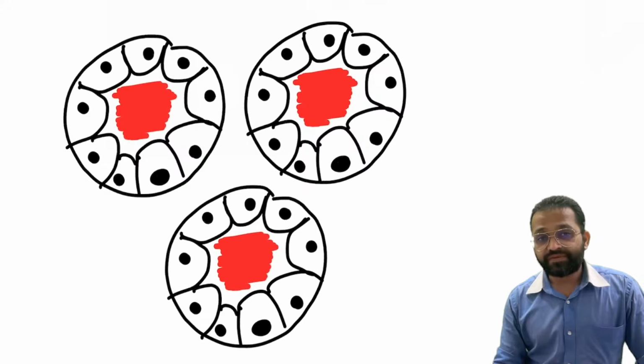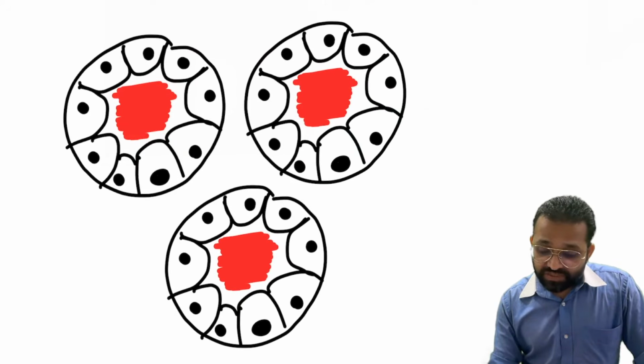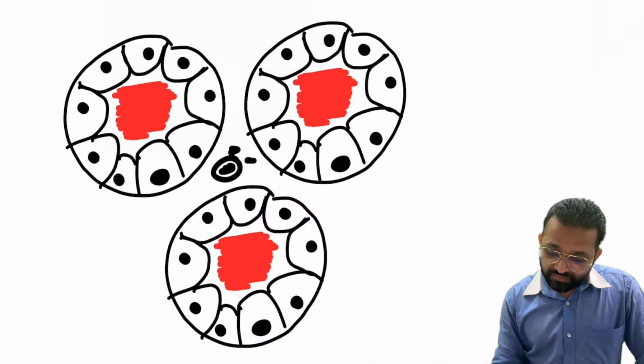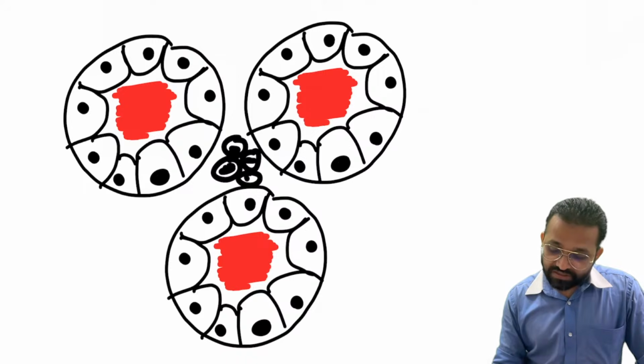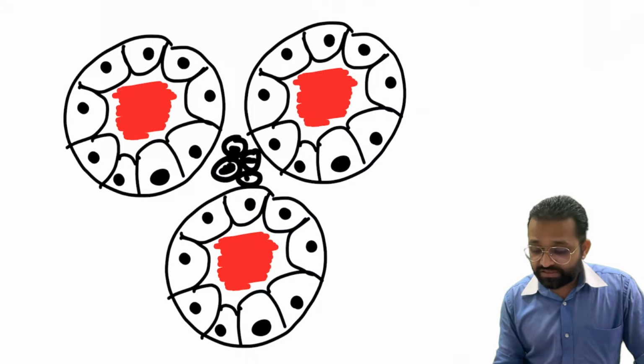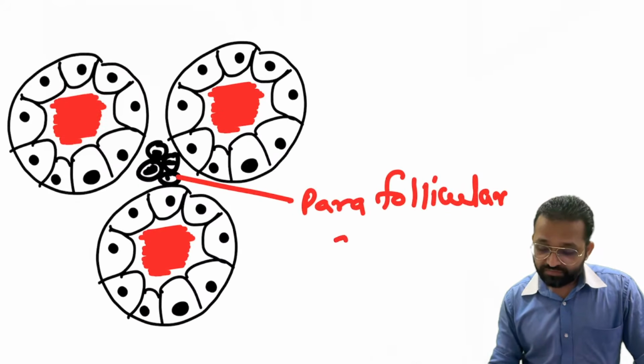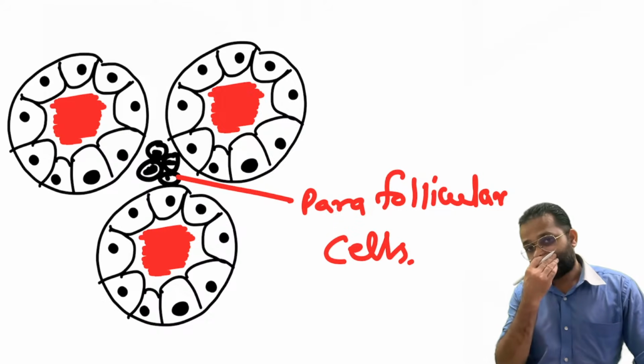Are you getting? But there are certain cells which are outside the follicles. These are known as parafollicular cells.